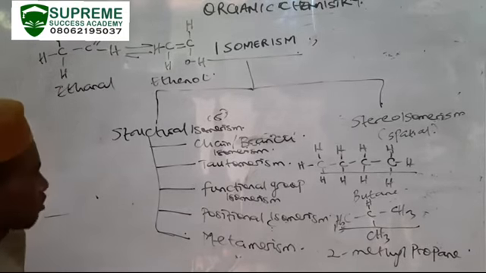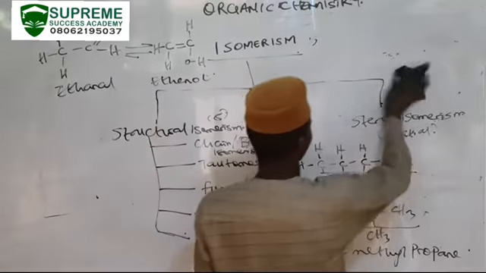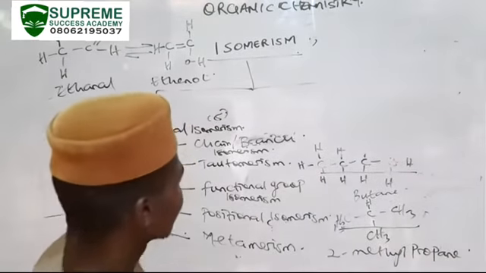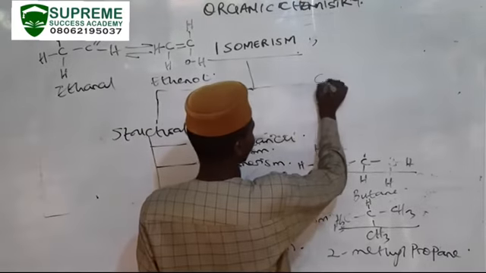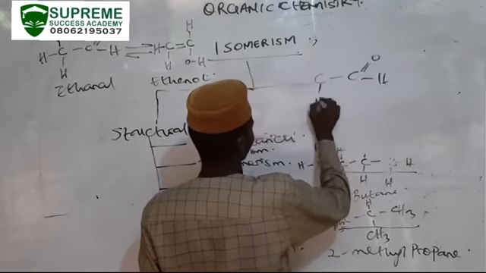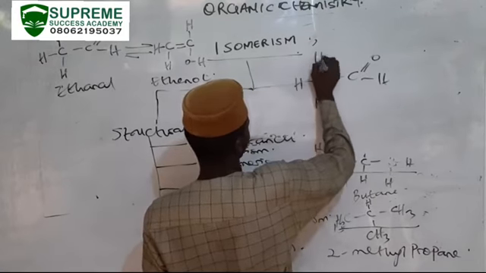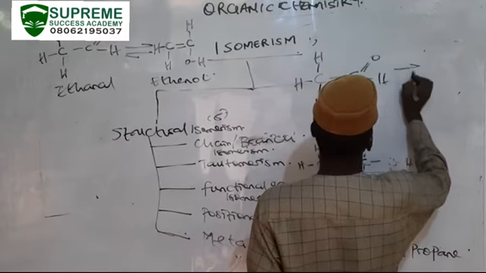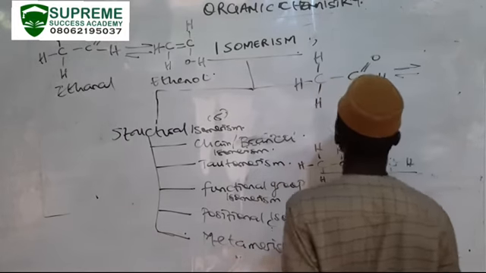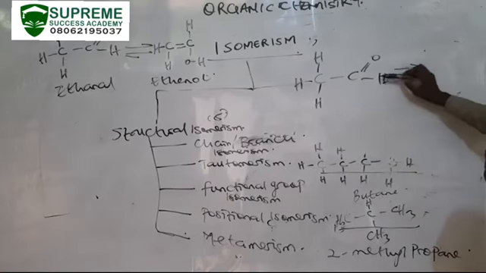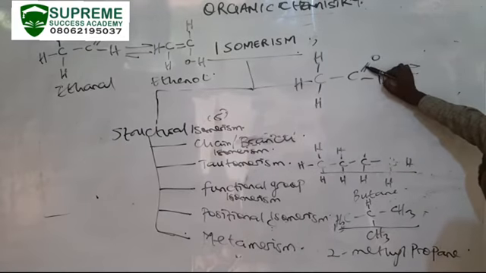For better illustration, you can see the arrows here, they are half arrows. So we say there is a simultaneous shift in a double bond. This double bond will move to this place.